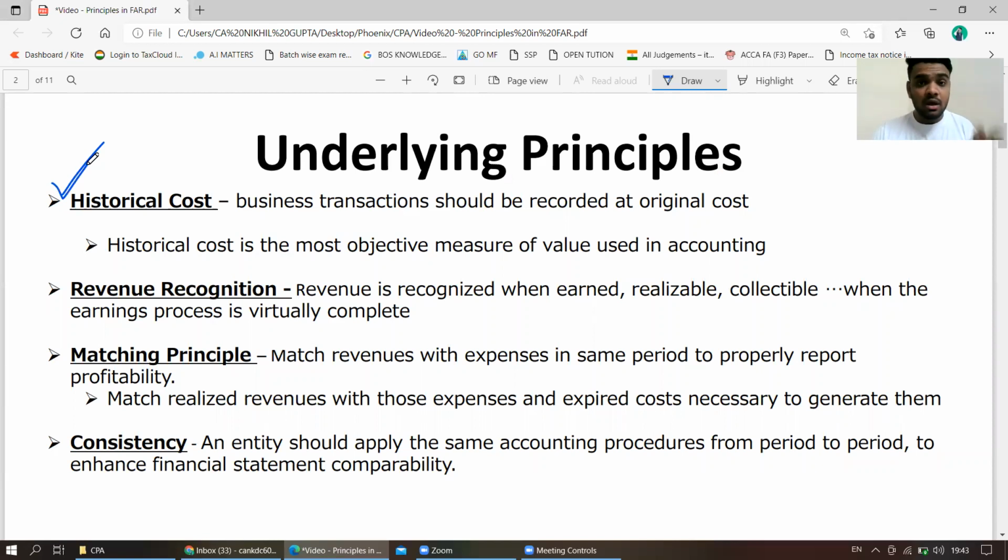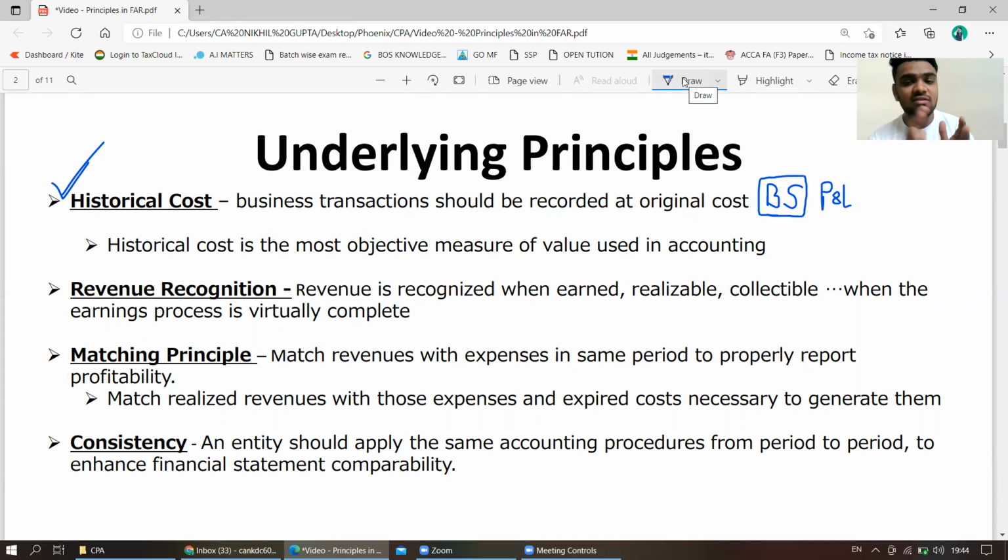Now, if you have understood the basics of the financial statements, you already know what the balance sheet is and what the statement of profit and loss is. Looking at those two statements, when we talk about the balance sheet, this principle is a very clear guidance and a very objective principle which states the cost of the asset, I'm talking about fixed asset and financial asset both together.